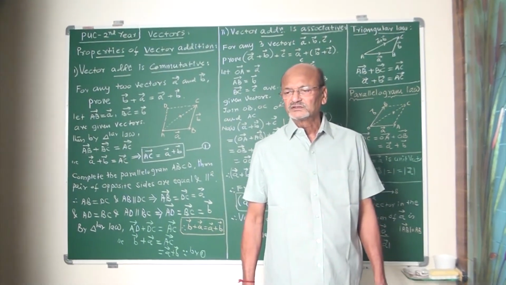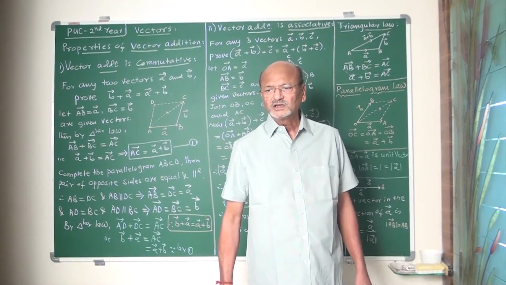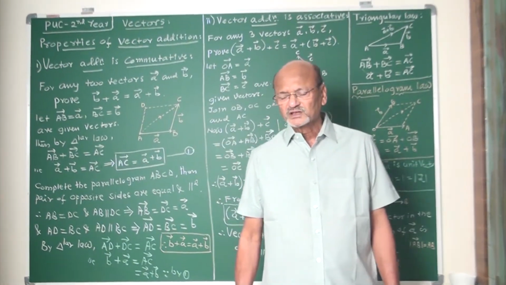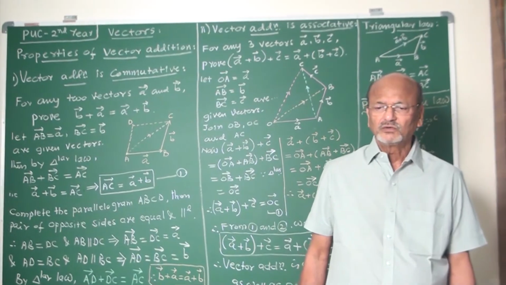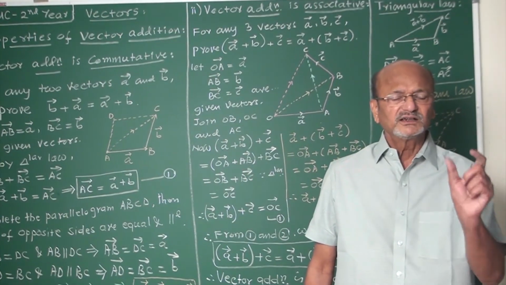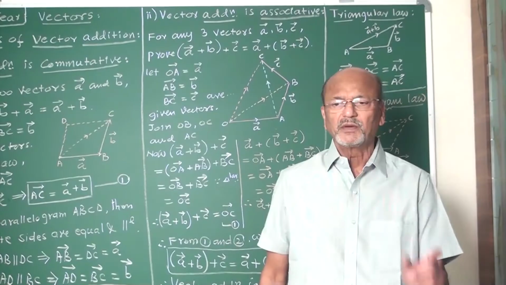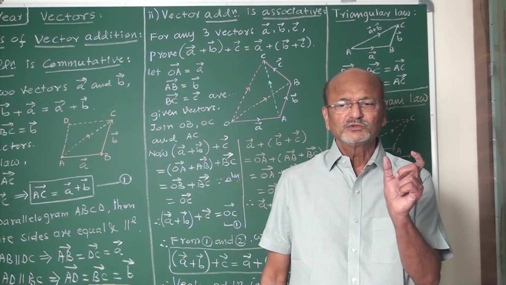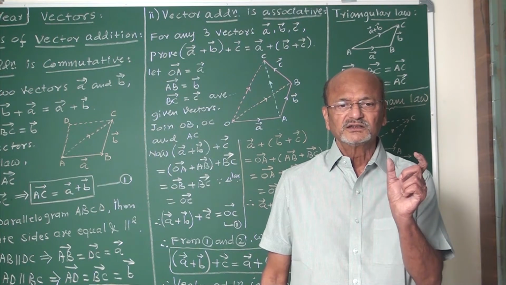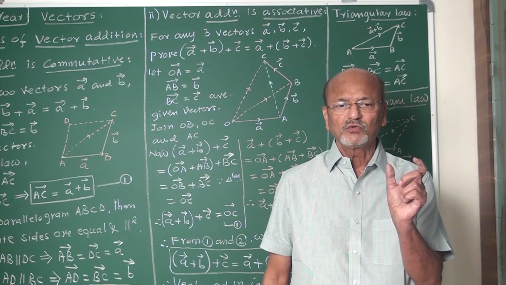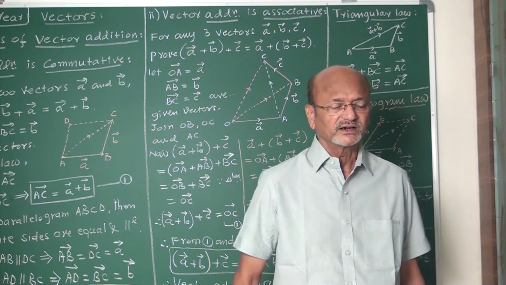Then, my friends, we went on to types of vectors. Zero vector or null vector. What is a zero vector? We classify types with the help of magnitude. If the magnitude of the vector is 0, then that vector is known as a zero vector or null vector.